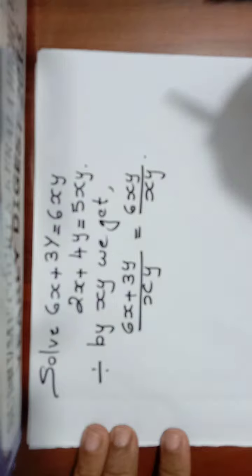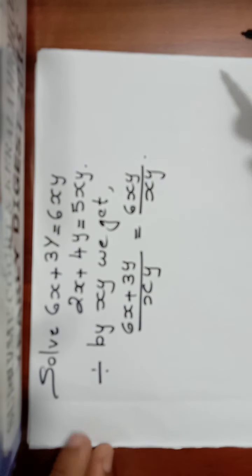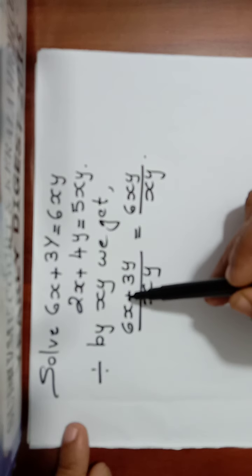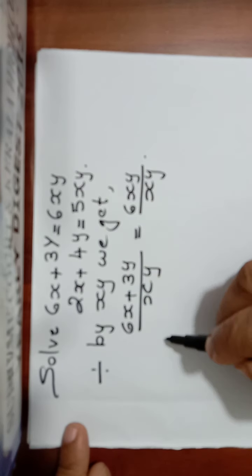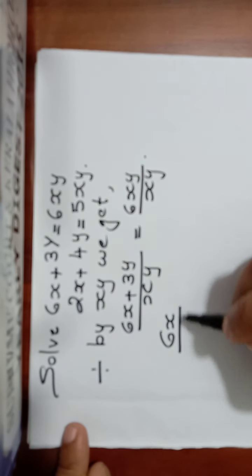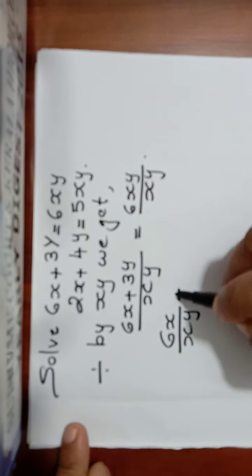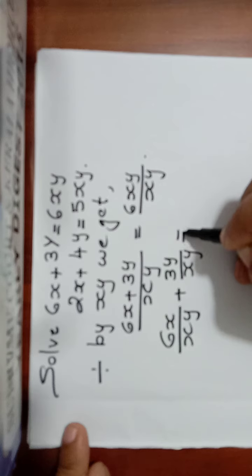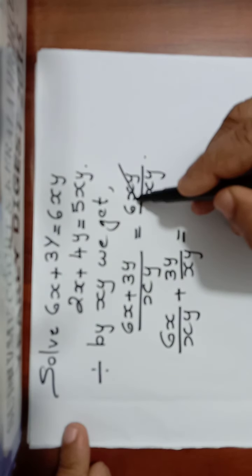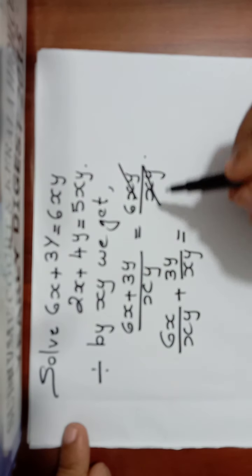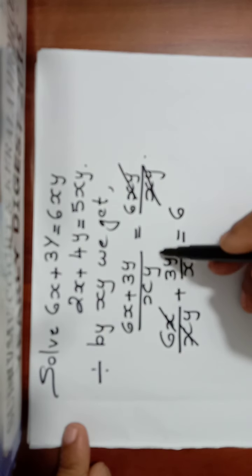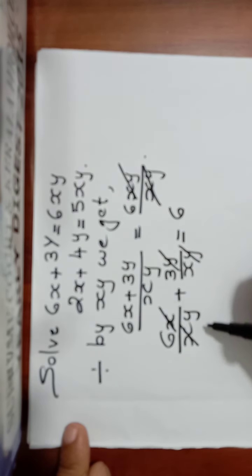This is how we change our first equation. So what do we do? 6x is having denominator xy, plus 3y by xy. Separate it as 6x by xy plus 3y by xy equal to 6xy by xy. Xy cancel, we are left with the 6. X and x can be cancelled, y and y can be cancelled.